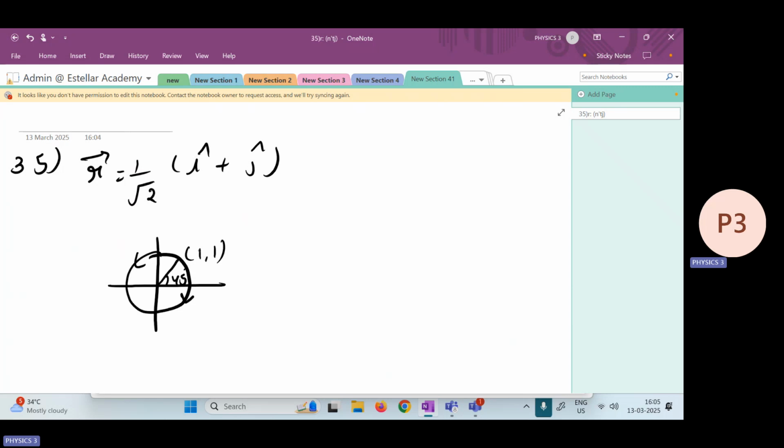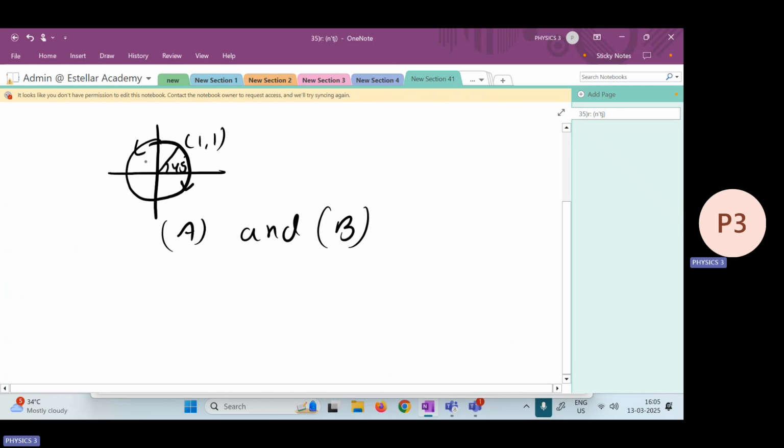Depending on that, its velocity is either in the x and negative y direction, or in the negative x and y direction. So both options A and B are correct, because it depends on whether it is going clockwise or anti-clockwise. So option D, which says either A or B, is absolutely correct.